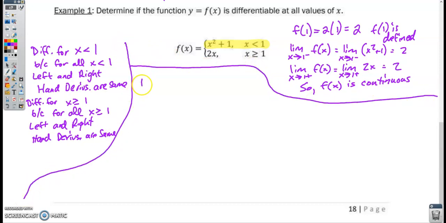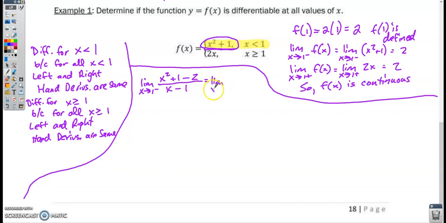We're going to take the limit as x approaches 1 from the left, and for that branch we're going to use this piece of the function. So the limit as x approaches 1 of f of x minus f of a, which is going to be 2, all over x minus a.